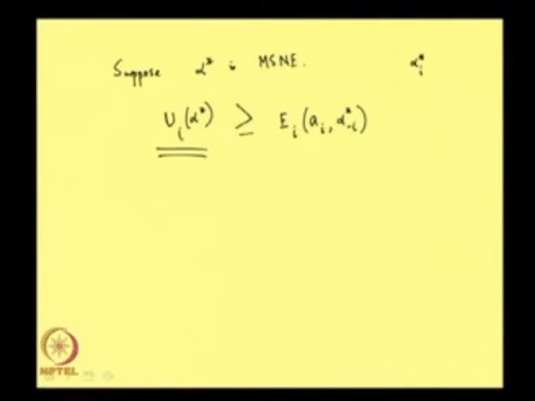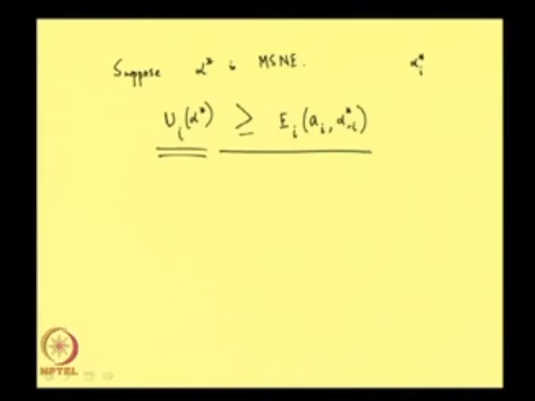So, this is what I have written here. If he deviates and puts P1 in action AI, then his expected payoff is going to be either less or equal to than UI alpha star. So, this is something important.